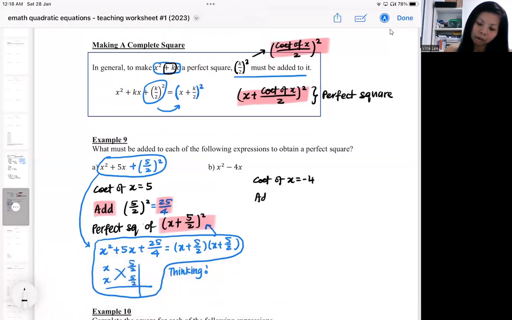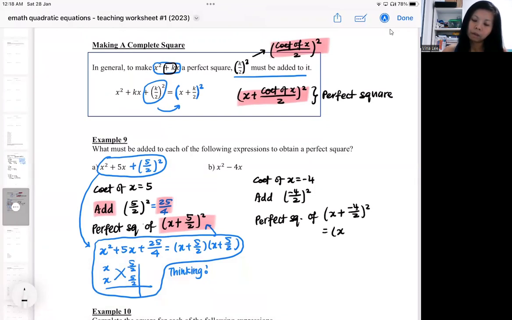So I am adding -4 over 2, squared. When I add, I will get the perfect square of x plus -4 over 2, squared. You simplify the perfect square: -4 divided by 2 is -2. So this is the perfect square.